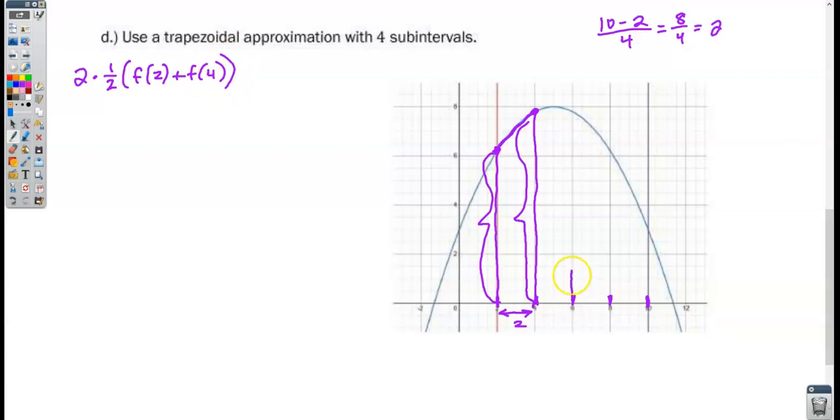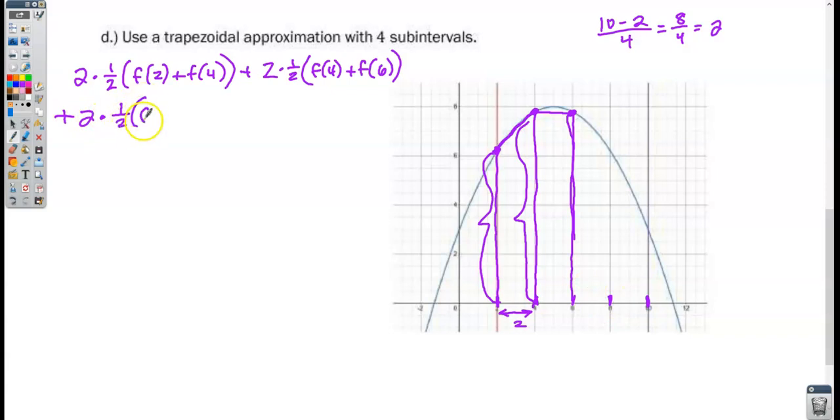My second trapezoid, same idea. It's still the same width, and then the average of the bases, but this time the bases are the value of the function at 4 and the value of the function at 6. And then my next interval from 6 to 8, again, same width, and then the average of the bases.